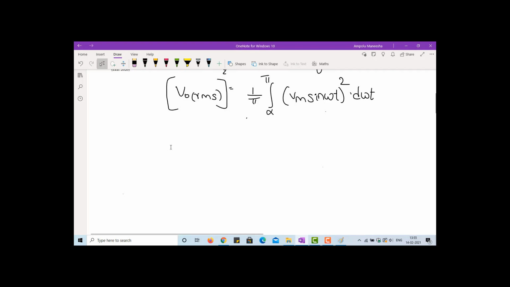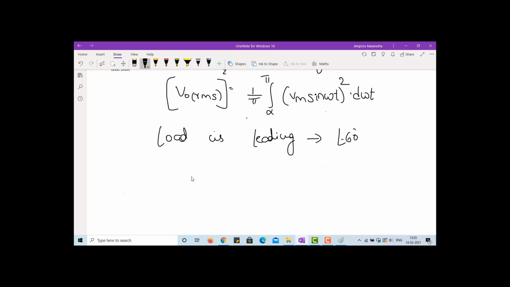Given the load is leading in nature. How much is it leading? 60 degrees, that is minus 60 degrees.